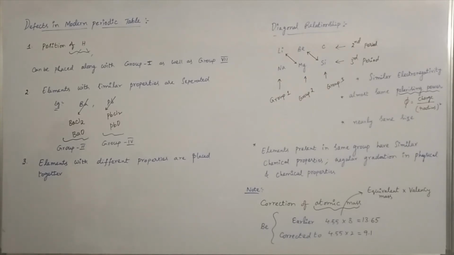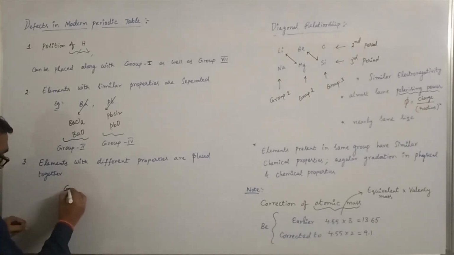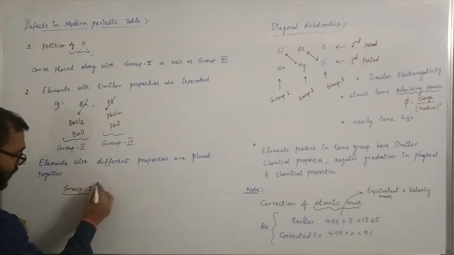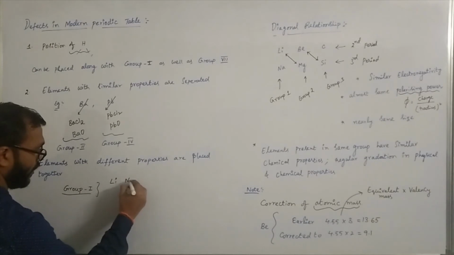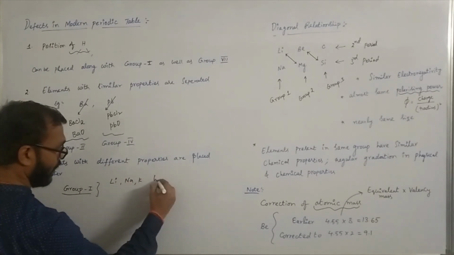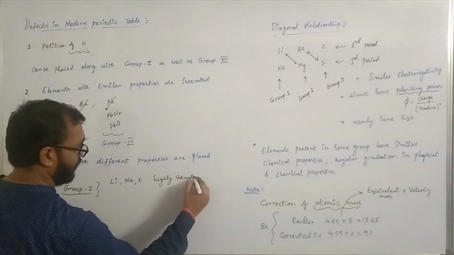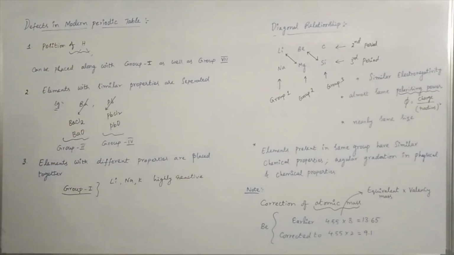For example, in group 1, lithium, sodium, potassium are highly reactive.